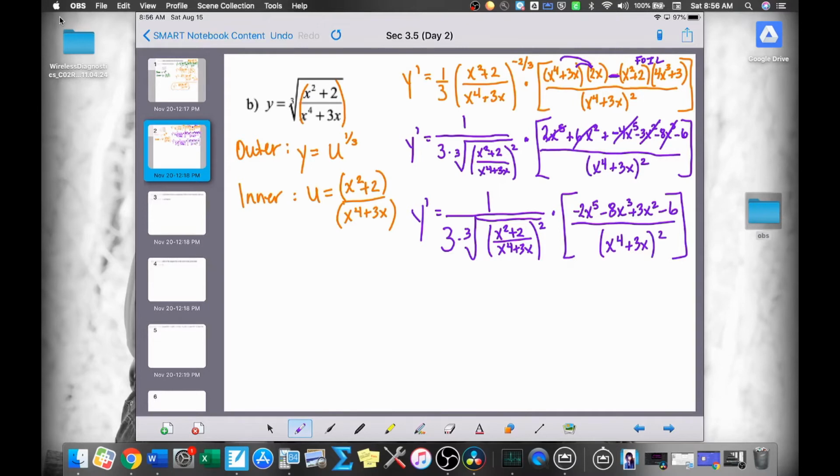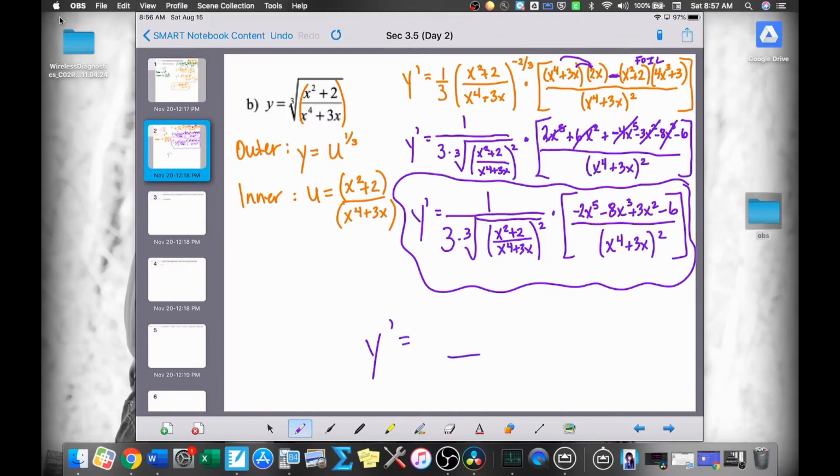And at this point, we stop because there really isn't anything more that we can do. We can't do any simplifying with what's upstairs and what's downstairs. If you wanted to rewrite this as one fraction instead of as 2 fractions, that's something that you could certainly do.